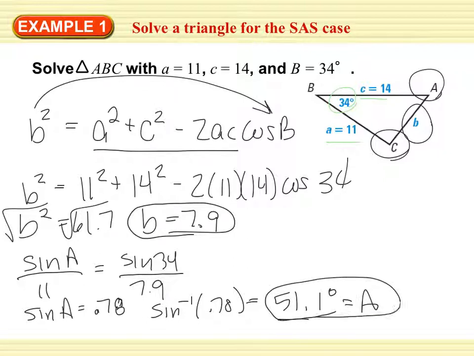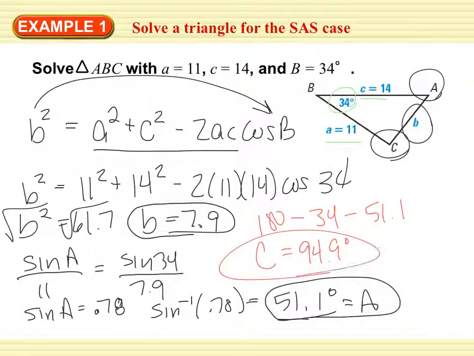And now that I have angle A and angle B, I can find angle C. 180 minus 34 minus 51.1 is approximately 94.9 degrees.